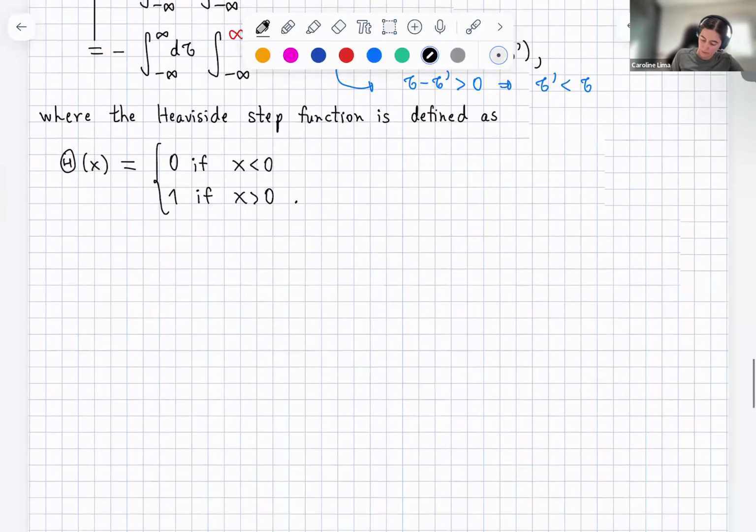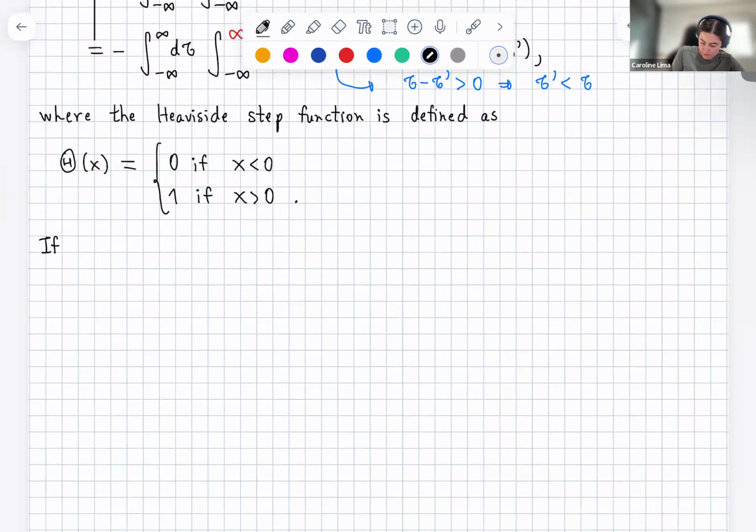Now, finally we have the time evolution operator. So we want to compute the final state.